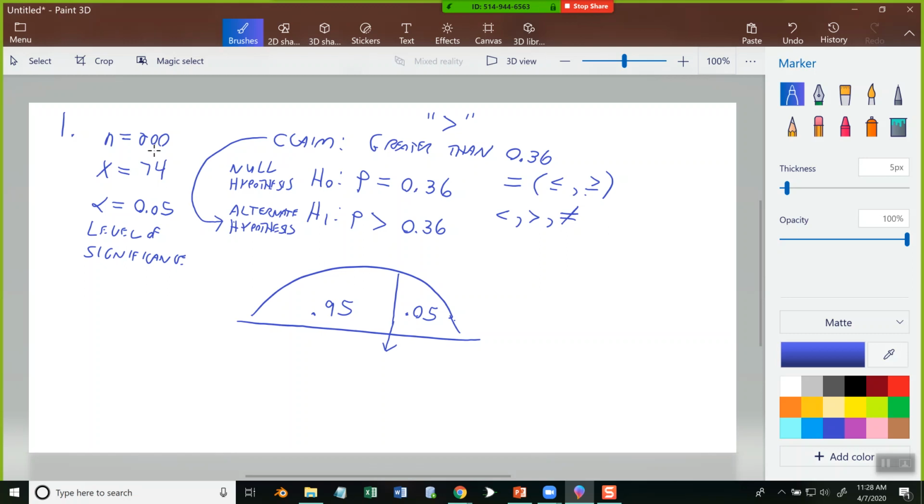We're not just checking if it's greater than 36%, because our answer with x divided by n could be 36.2%. If I compared 36% and 36.2%, they're about the same. So the question we're really asking with our claim is whether it's statistically significantly greater than 36%.